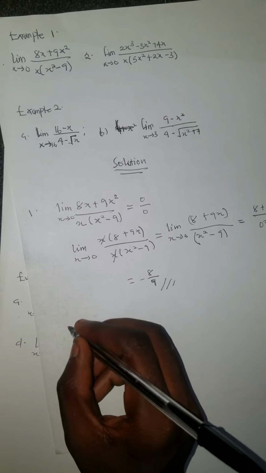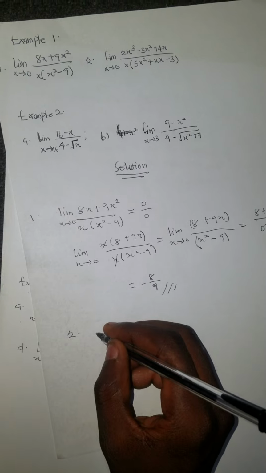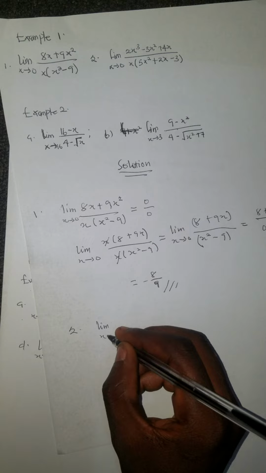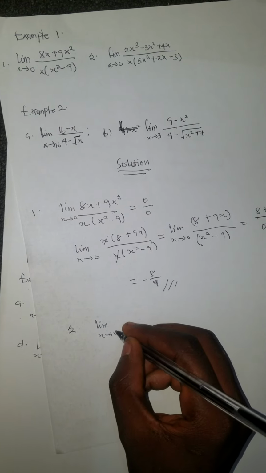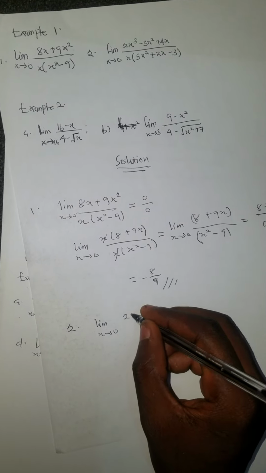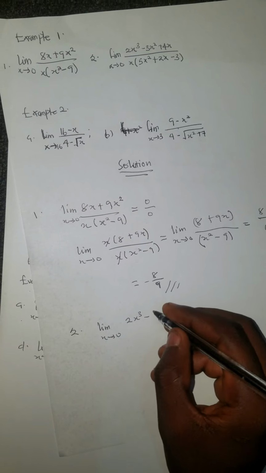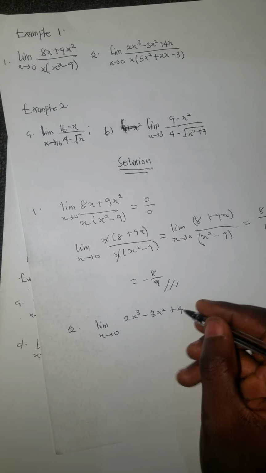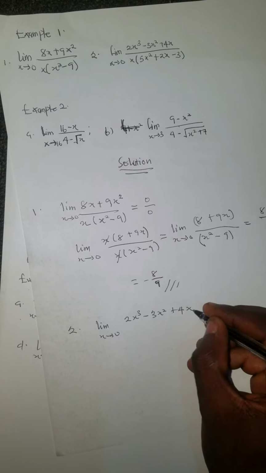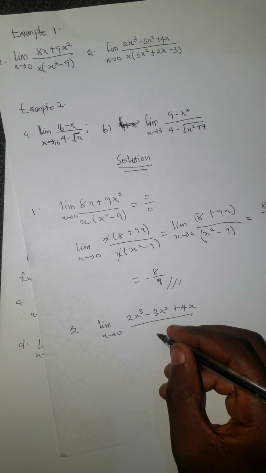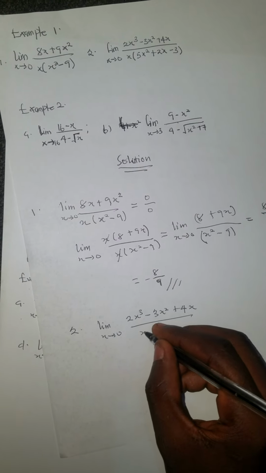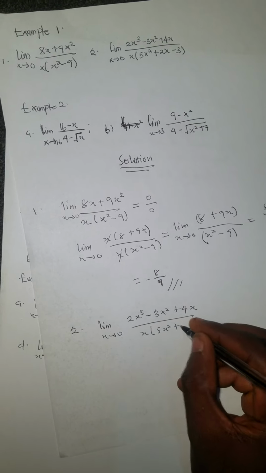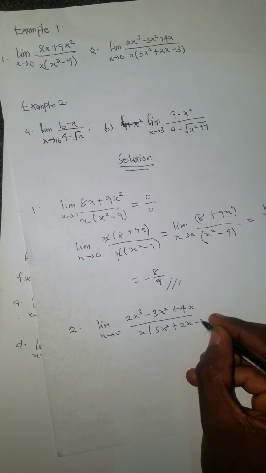Now let's go to the second question. The second question says lim where x is approaching 0 of x times 2x cubed minus 3x squared plus 4x, all over x times 5x squared plus 2x minus 3.